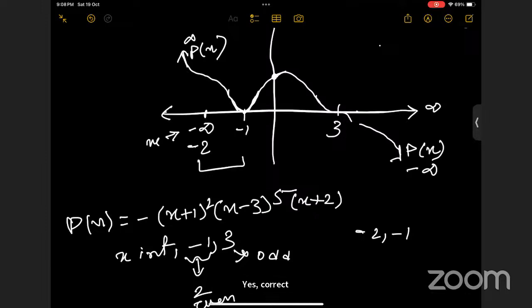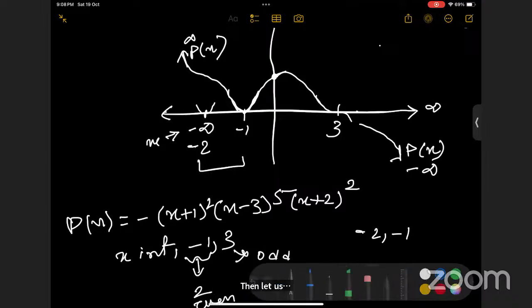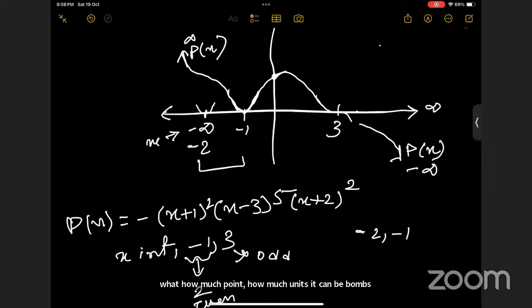Power 2. Then we will get another such curve here. How many units can it bounce?